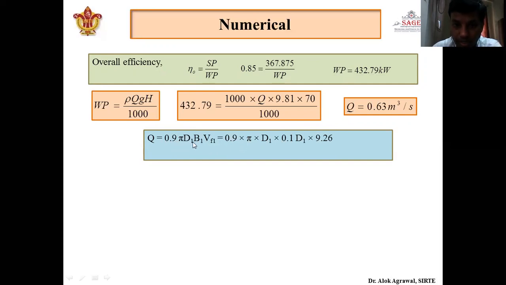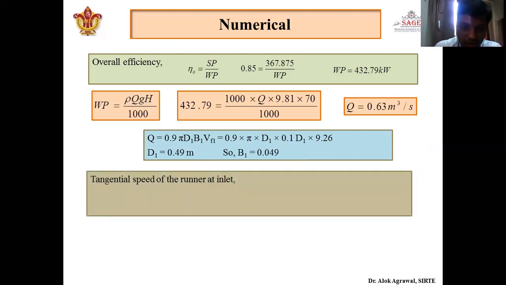There is also a width ratio given, which gives the relationship between d1 and b1. So b1 can be written as 0.1 times d1. Now the equation reduces to one unknown, and Q has already been calculated. With this equation, we can calculate d1 as 0.49 meter. So b1 will be 1/10 of d1, which is 0.049 meter.